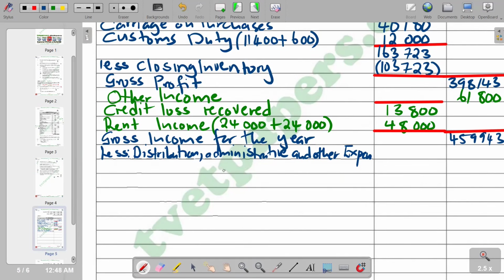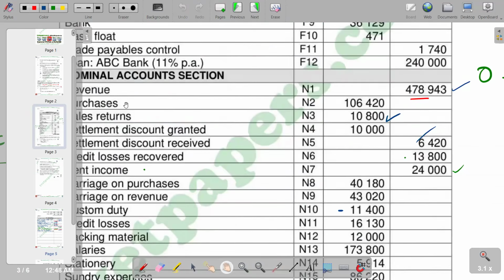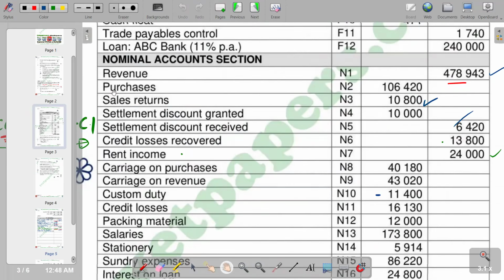And of course, we need to include all the expenses that we have in the question beneath that. So we refer back to our nominal account section. We go down looking for those expenses.